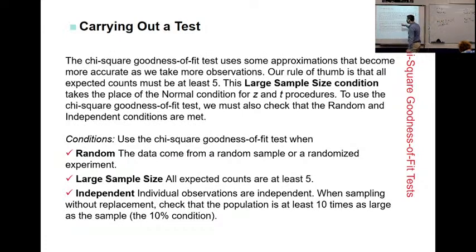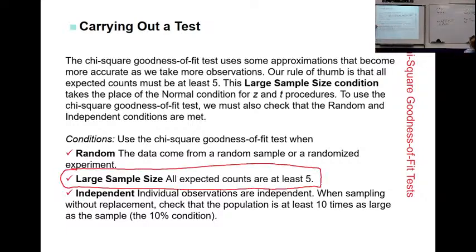The main thing you want to write down here is to say that the normal condition is getting swapped out for this: all the expected counts are at least 5. For any chi-squared test, you're going to check that all the expected counts are at least 5.